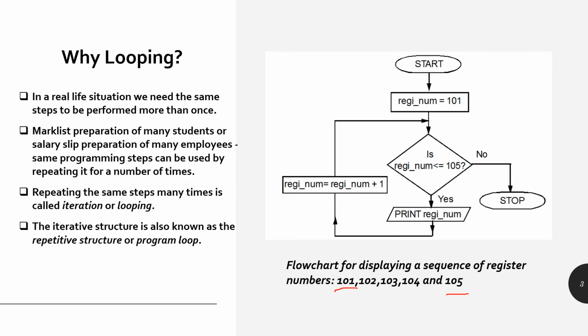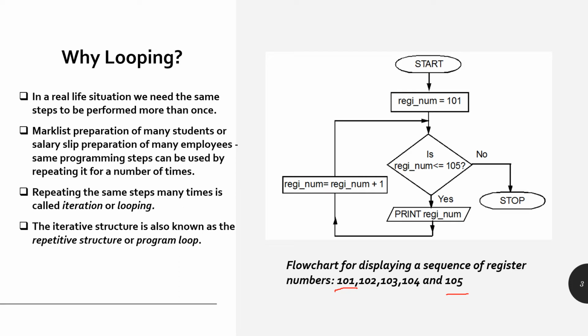For any loop, there should be some initialization of that loop, and some body should be there for that loop. Apart from this, the all important thing is there should be a control for the loop. When that loop should exit, it should be properly mentioned, otherwise an endless loop will be formed.